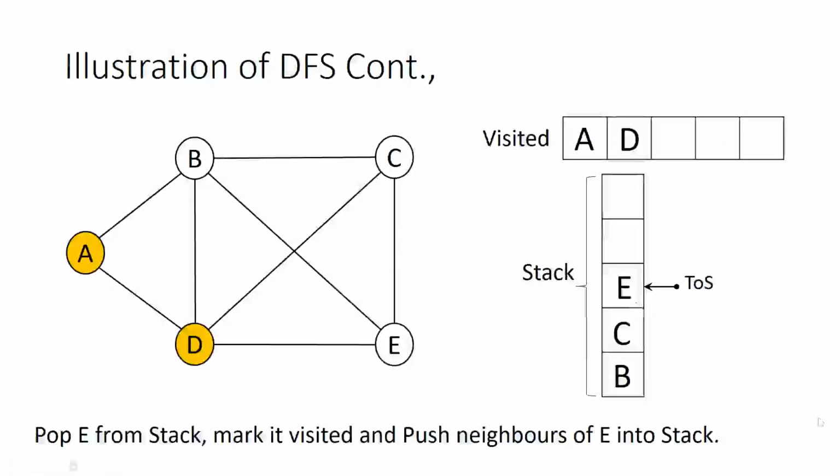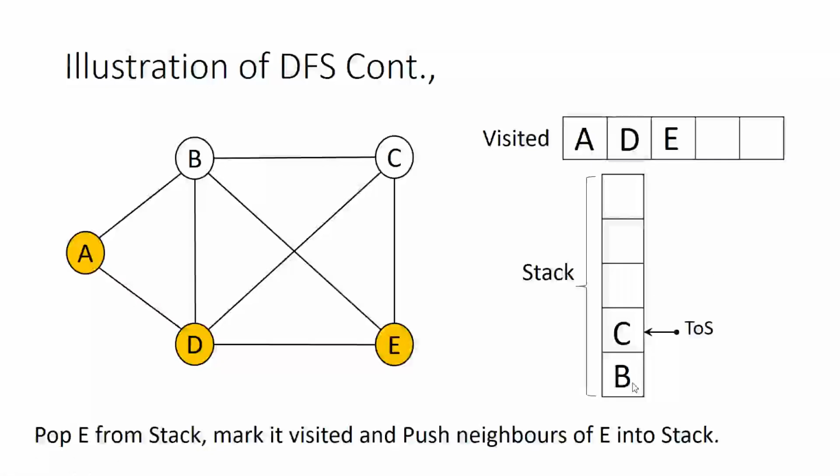Now because the top of the stack is E, you pop it from the stack and copy it into the visited array. Its neighbors are C, B, D, and D is already visited, B and C are already in the stack, so we need not do anything. Just pop it from the stack and copy it into visited.